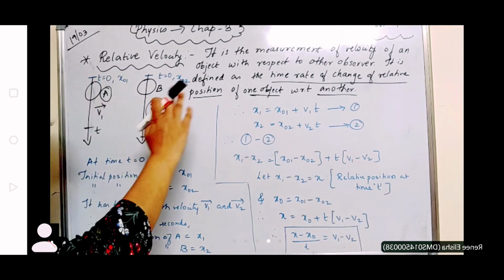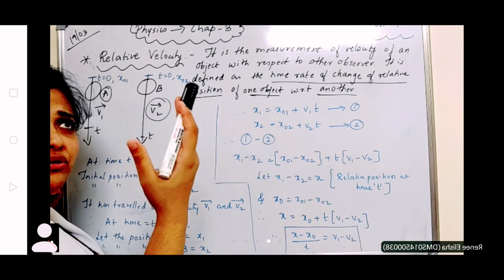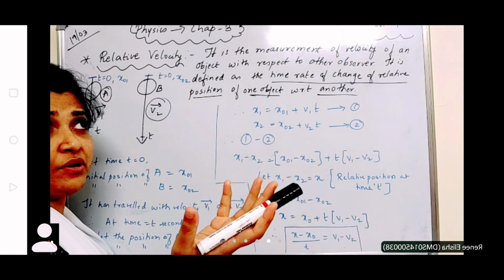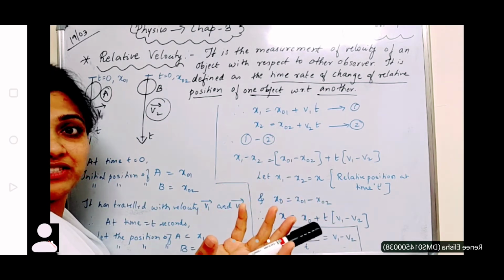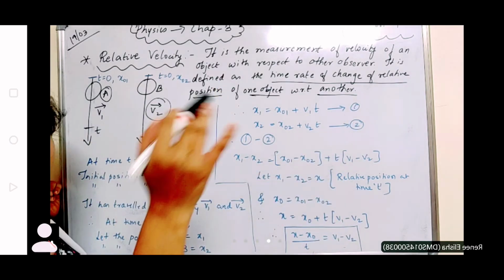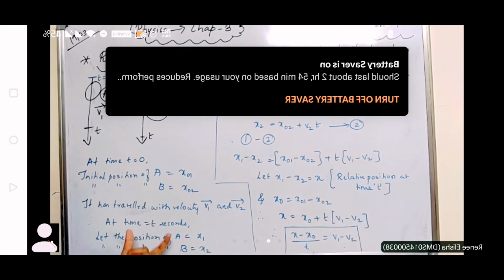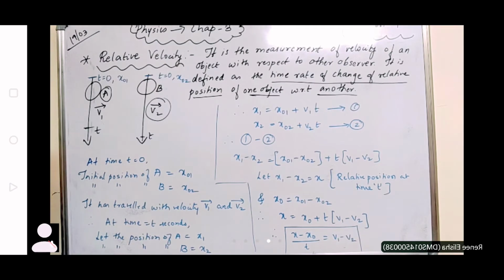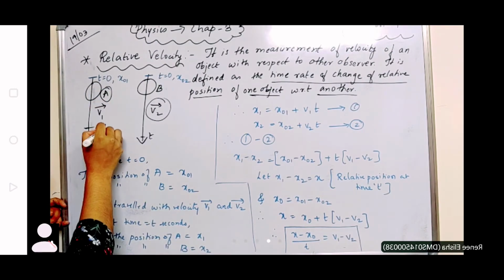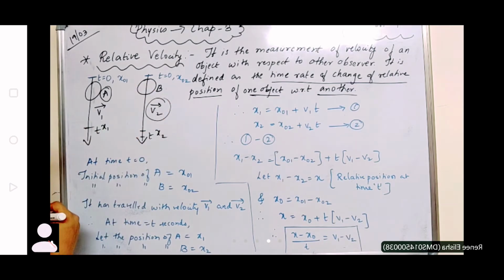After a certain time, whether it is 5 seconds or 500 seconds, let me generalize it to time t. At time t seconds, let the position of A be x1, and wherever B reaches, let this position be x2, at this particular time t.